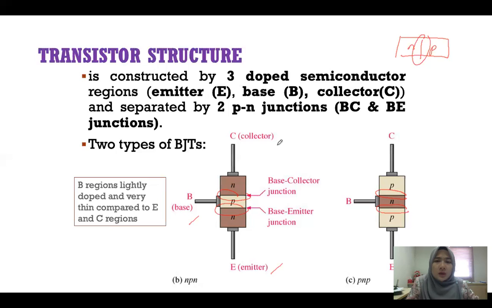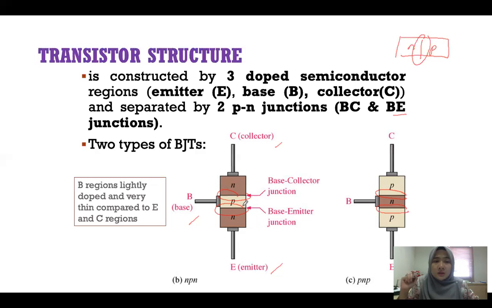And the third one is the collector. They are separated by two PN junctions, as I told you before. The first is the BC junction, separating the base and the collector. And the second is the one separating the base and the emitter over here.